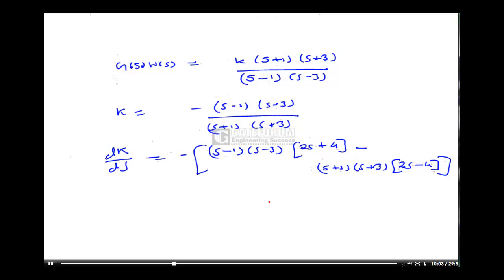Equating this to 0, we will get three values of s: S1, S2 and S3. Solving this and finding the values of S1, S2 and S3, one value will lie between these two points, somewhere here.